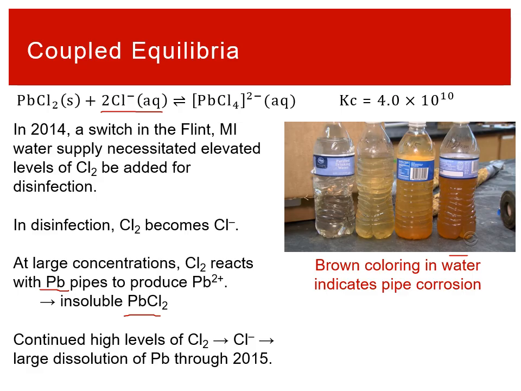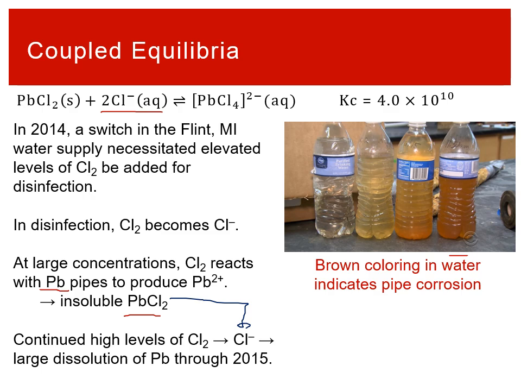So basically the initial bits of chloride turn some of the lead into lead 2+. That lead interacts with the chloride to become solid lead chloride. But then you keep having high levels of Cl2. You keep putting a lot of chlorine in the water, so you now have increased levels of Cl-. So you end up with high levels of solid PbCl2 in the presence of Cl-.